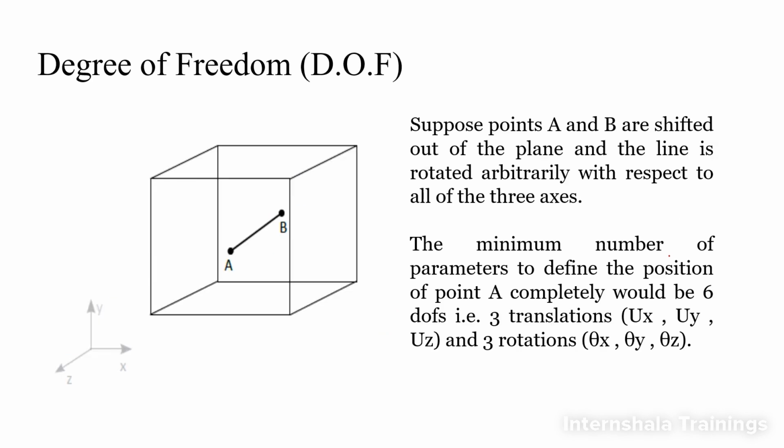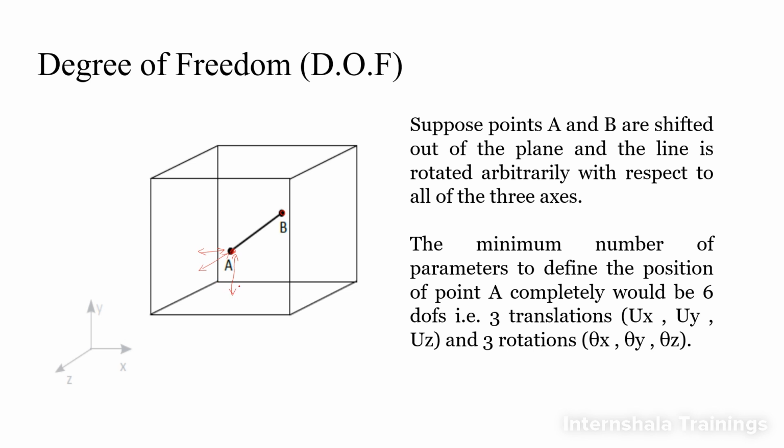Now in the next case, we are going to take a 3D space, and in the 3D space we are going to have 2 points A and B. Now in order to define this particular object in space, first I have to create linear distances between point A and the x-axis, point A and the y-axis, and point A and the z-axis.